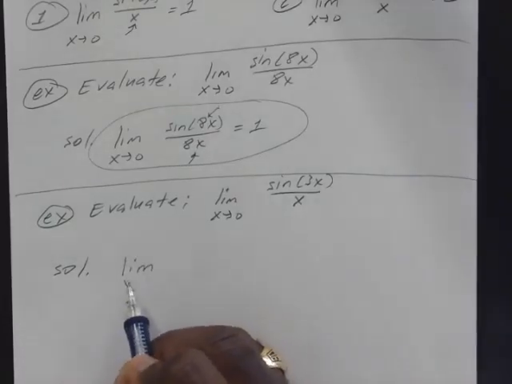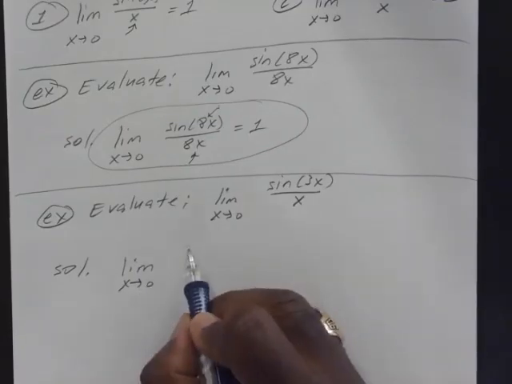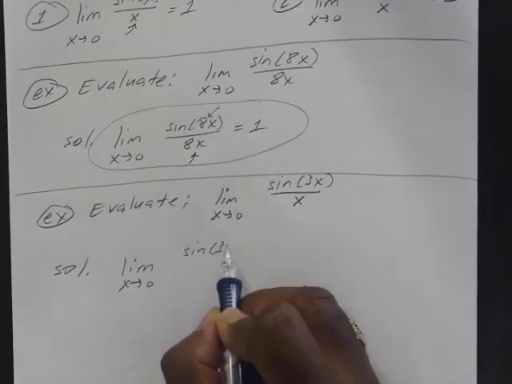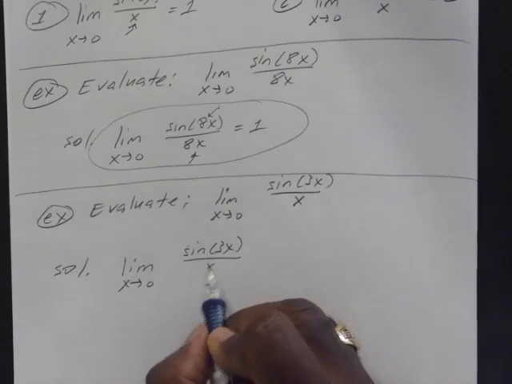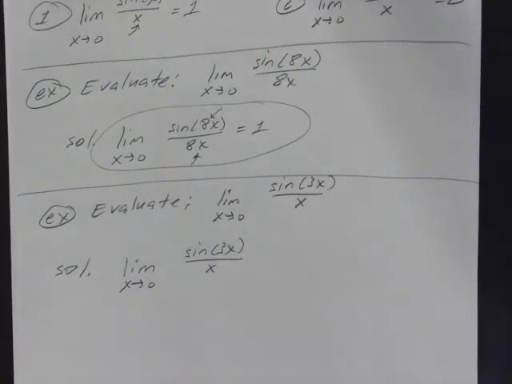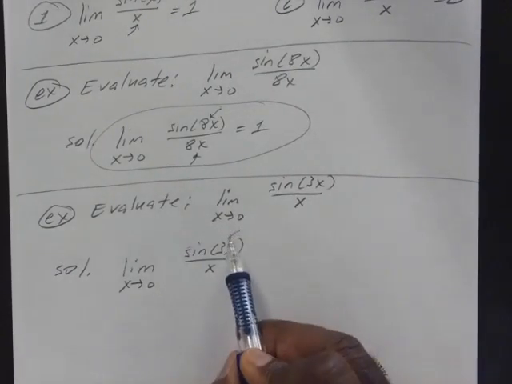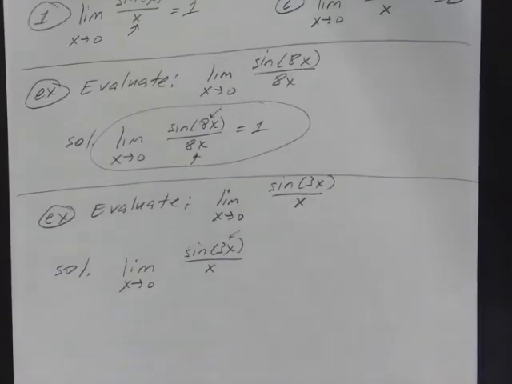Well, we have the limit as x approaches 0, sine of 3x divided by x. We have to make our angle equal to our denominator.